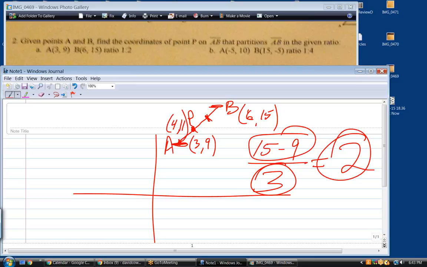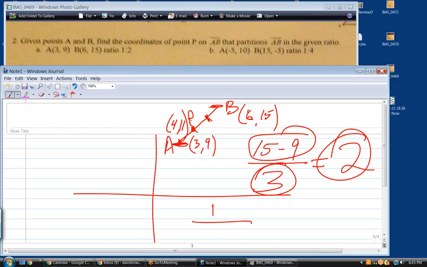Now, if I want to check my work, I'm going to take the distance from A to P and make sure that it is in a 1:2 ratio with the distance from P to B. Well, the x-coordinate from A to P is a differential of 1.